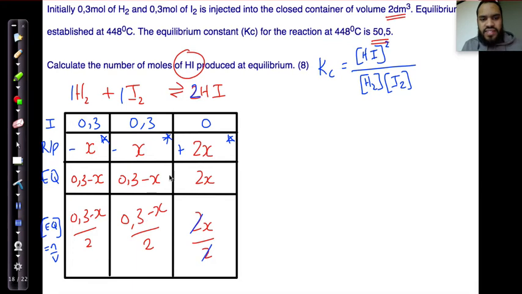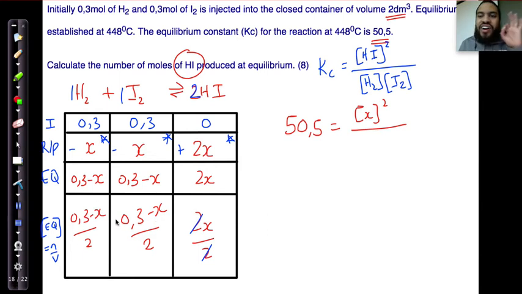Now based on this, you can see there's only one variable in this entire thing, and I've only got one equation. So one variable, one equation, completely solvable, and let's do that now. You were given the value of Kc, so we substitute that in directly. In the place of Kc I've got 50.5 is equal to the concentration of hydrogen iodide at equilibrium, which is just x, and that's going to be squared, divided by this thing multiplied by this thing.